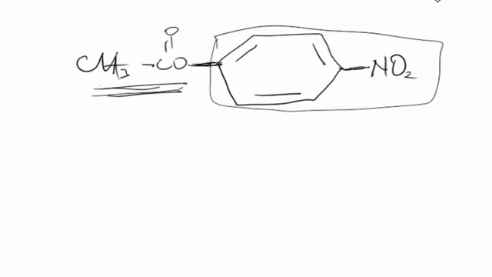So when we do that, this is at carbon 1, so this is 1, 2, 3, 4. So I'll have 4-nitro.